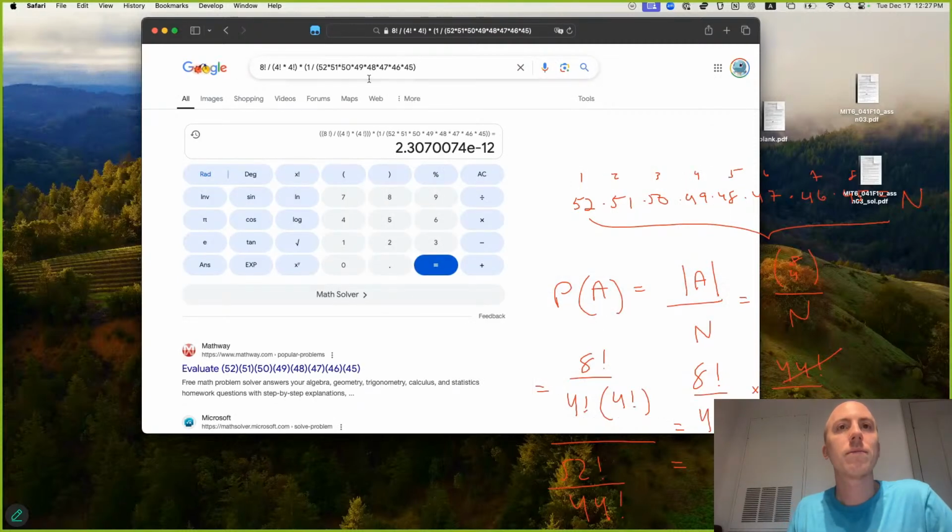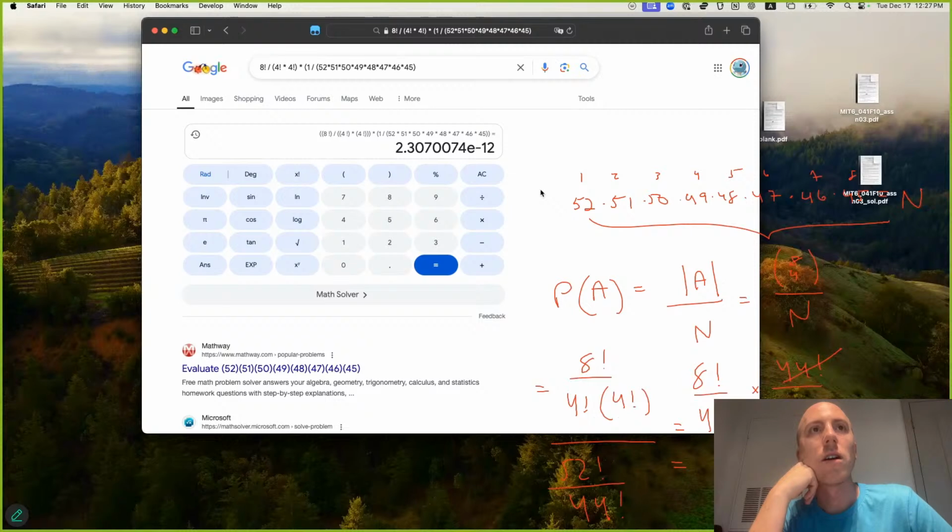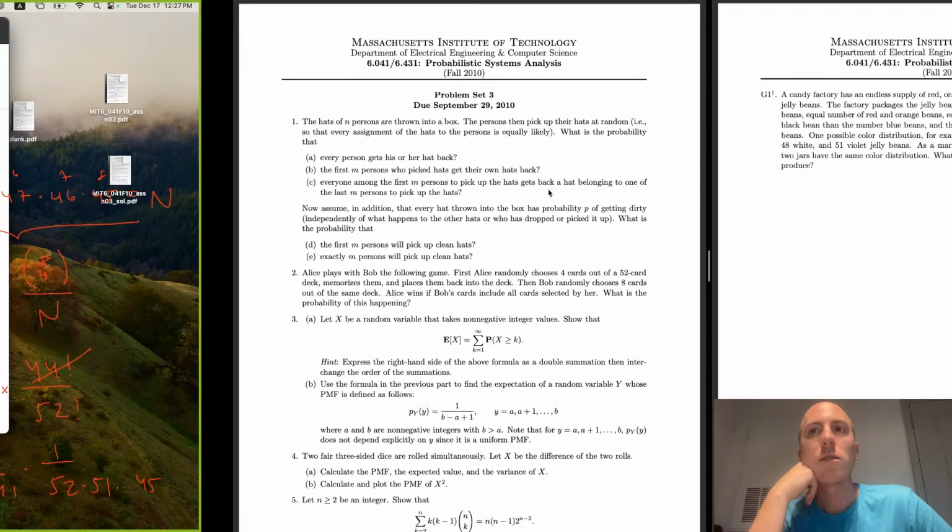That should be it. Something to the negative 12th. All right, let's see if that's right.